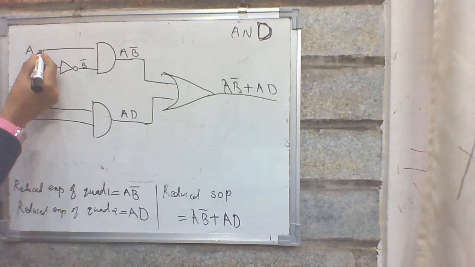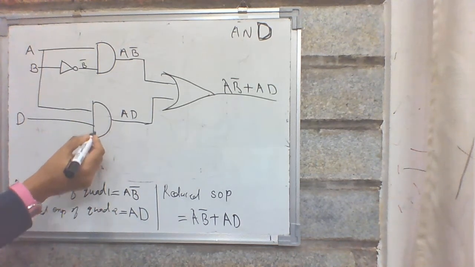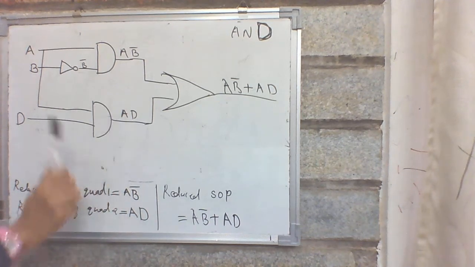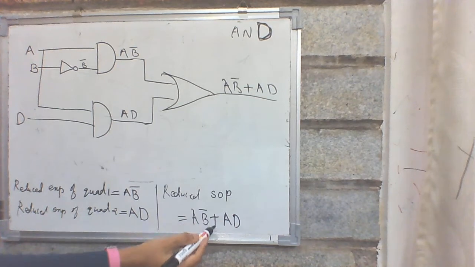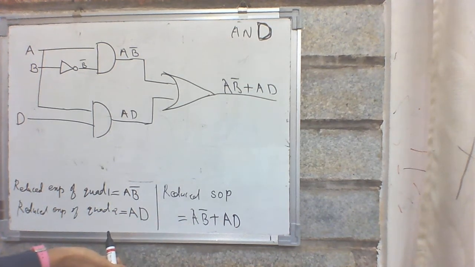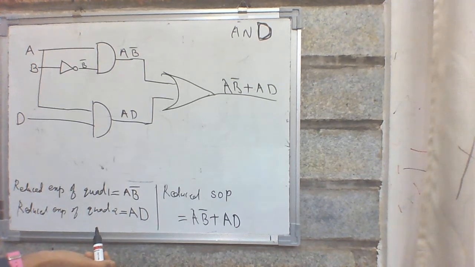A is there, so we can take that A from there. Then D. Then output of this AND gate is AD. Then next we need to represent this plus. Plus means OR gate. Then one OR gate. Output of this OR gate will be AB bar plus AD. This is the logic gate diagram of this reduced SOP.